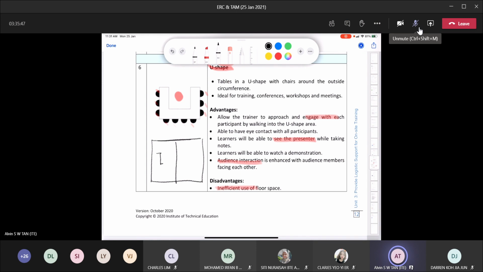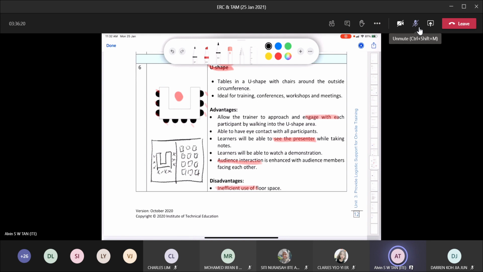You have a U-shaped room versus you only have this number, let's follow here, 10. However, if I were to align them properly, I can put up to 12.